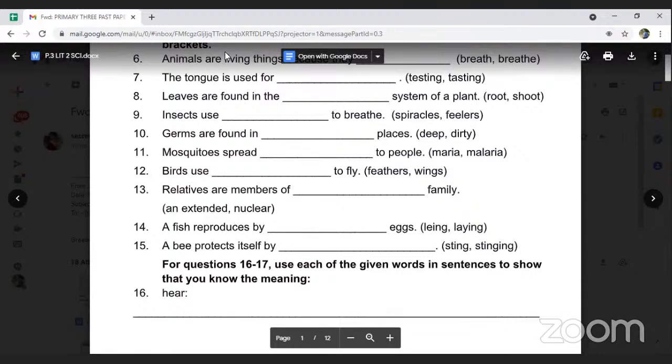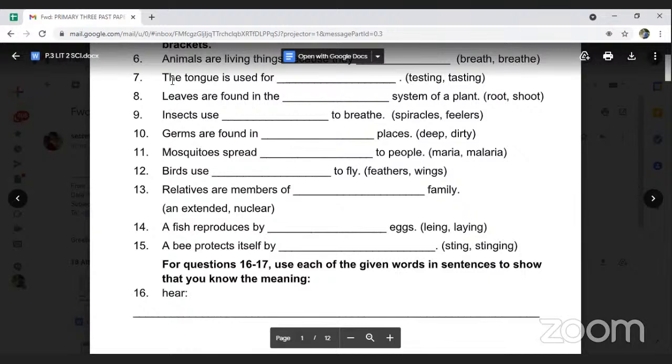Breathe. Aha. In brackets, we have breath and then breathe. Animals are living things because they dash. Is it breath or breathe? The first one is breath, and then the second one is breathe.